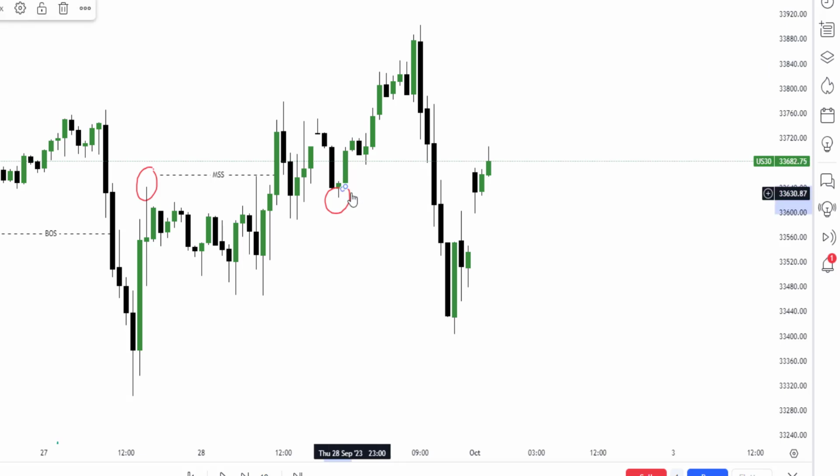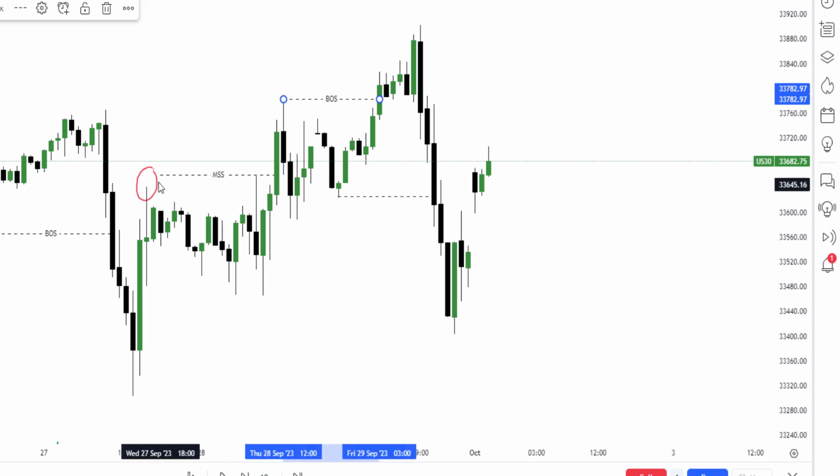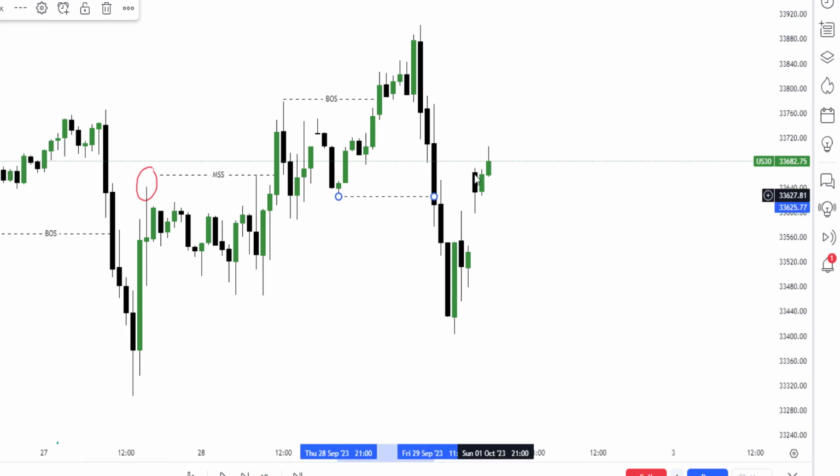You have to pay attention to everything happening right here. Another shifting structure, but this one was a break of structure. As far as price is having an upward movement, we shifted structure, we push above, and this time around we crashed below the lowest area. That is our market structure shift again.